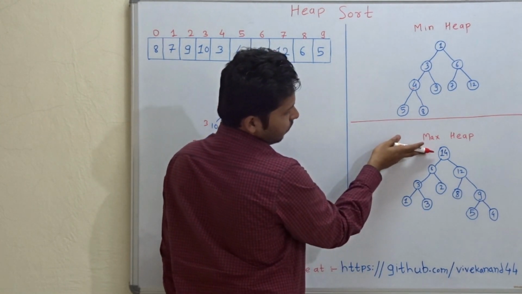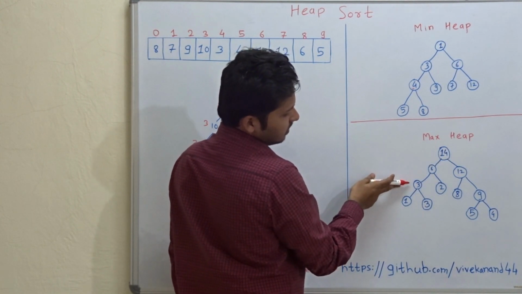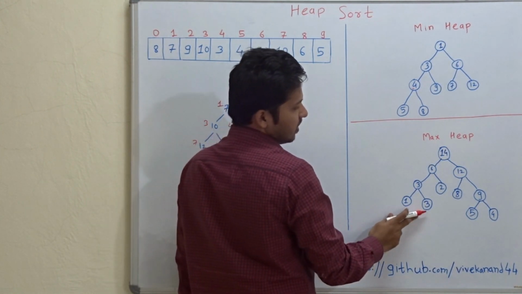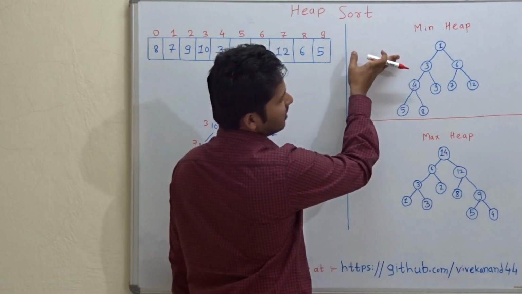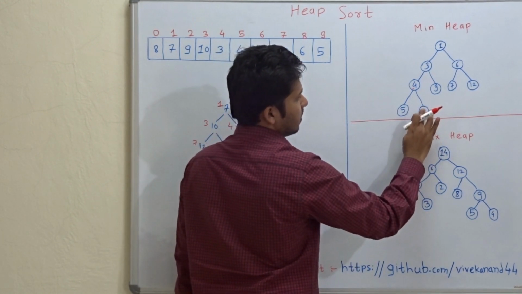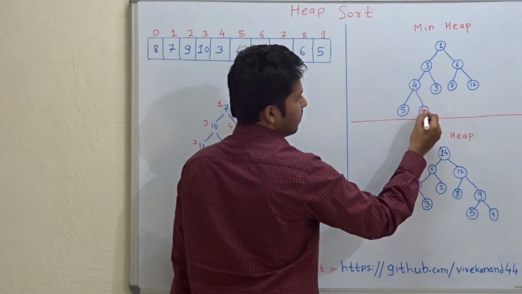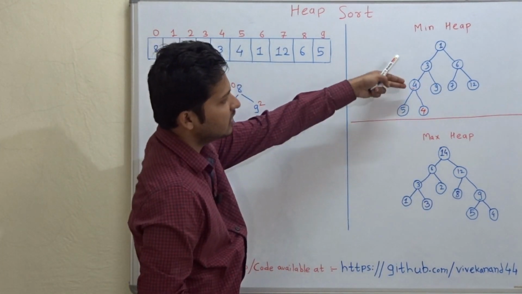So here 14 is greater than 6 and 12, 3 is greater than 1 and 3. So it is greater than or equal to, and here also it is less than or equal to, meaning here it can be 4 also, because 4 is less than or equal to 4.